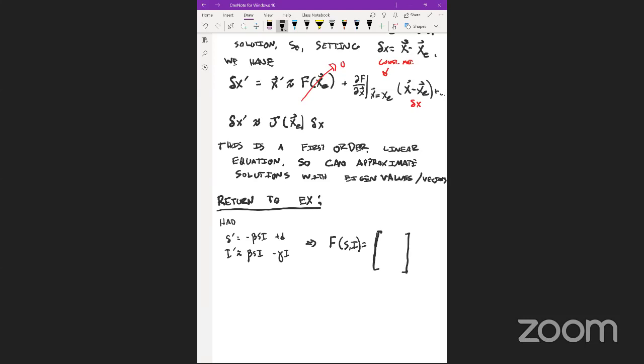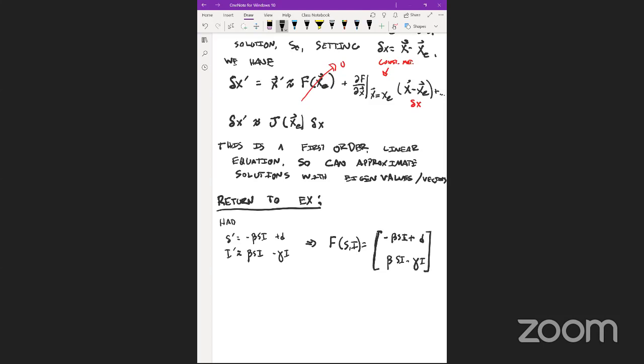One component is minus beta S I plus D, and the other component is beta S I minus gamma I.